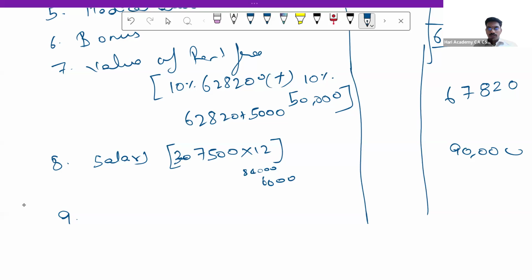Any amount in excess of 12% of salary is taxable, or any amount in excess of 7.5 lakhs is taxable. And interest on employer contribution in excess of 9.5% is taxable. And interest on contribution made by the employer in excess of 7.5 lakhs is taxable.